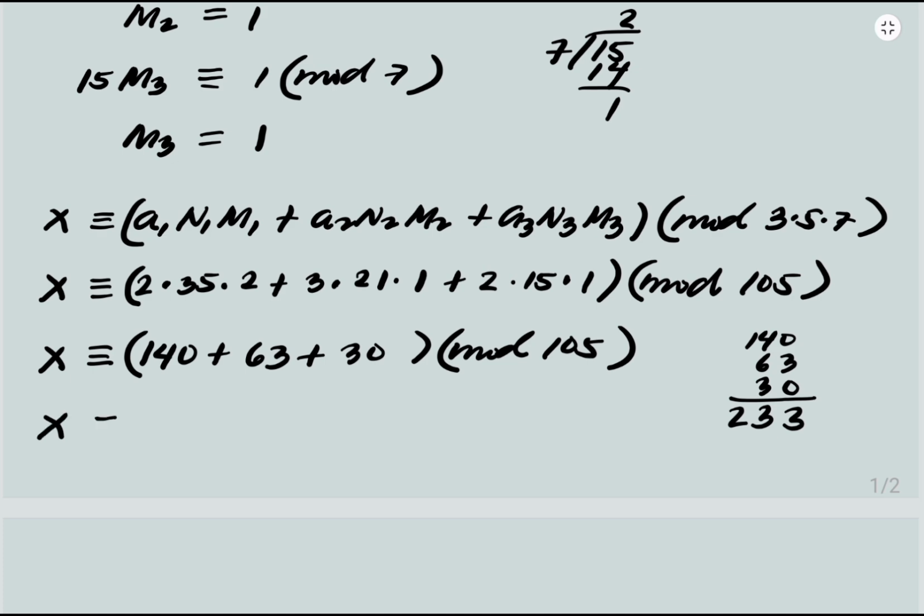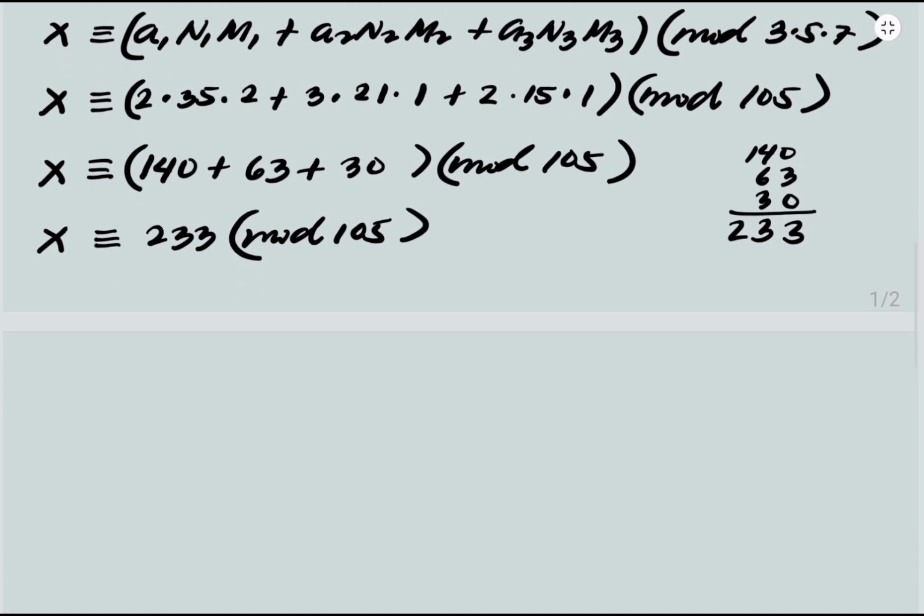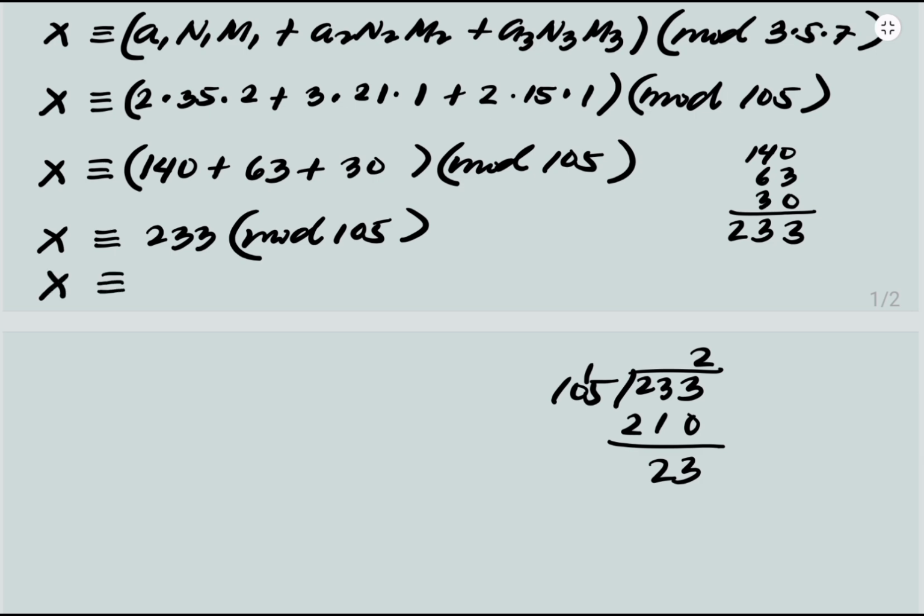So x must be congruent to 233 modulo 105. Now, let us solve for the remainder. 233 divided by 105 is 2, and 2 times 105 is 210, so the remainder is 23. So x is congruent to 23 modulo 105.